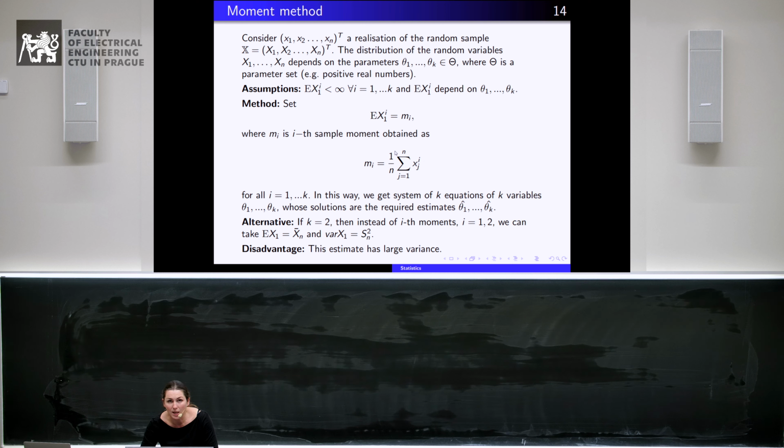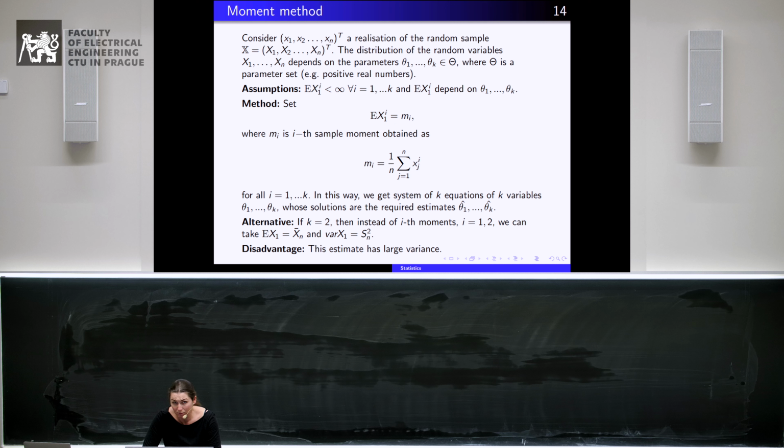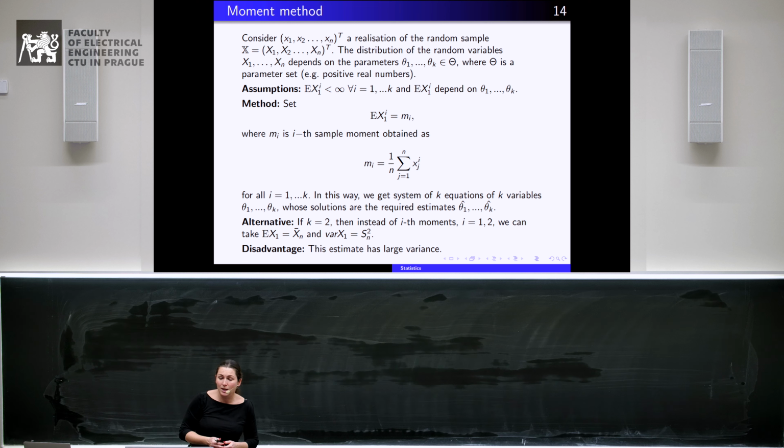Then we have the estimate of the ith moment from the data, and we have the theoretical expression depending on these k parameters, or at least some of them. We obtain a system of k equations with k variables. So we only solve this system of equations, and that's it.